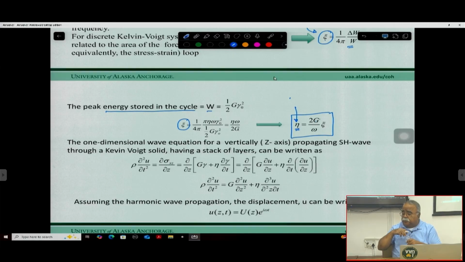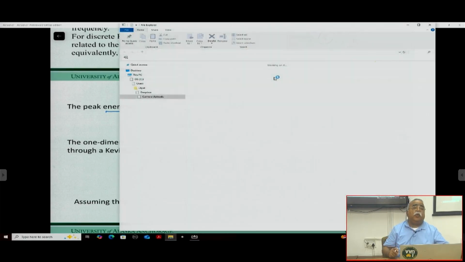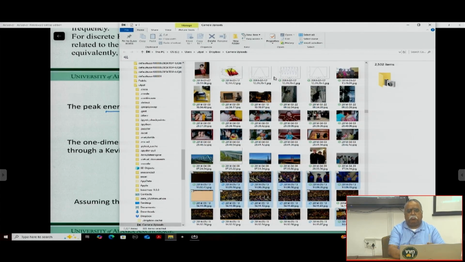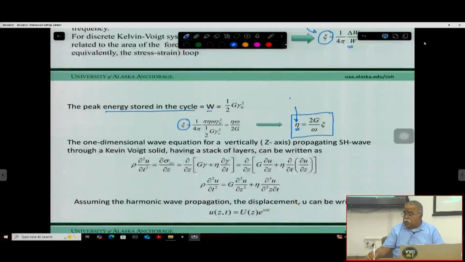Now, our one-dimensional wave equation is mass into d2u by dt squared, equals to the change in shear stress, so delta sigma xz of this one.